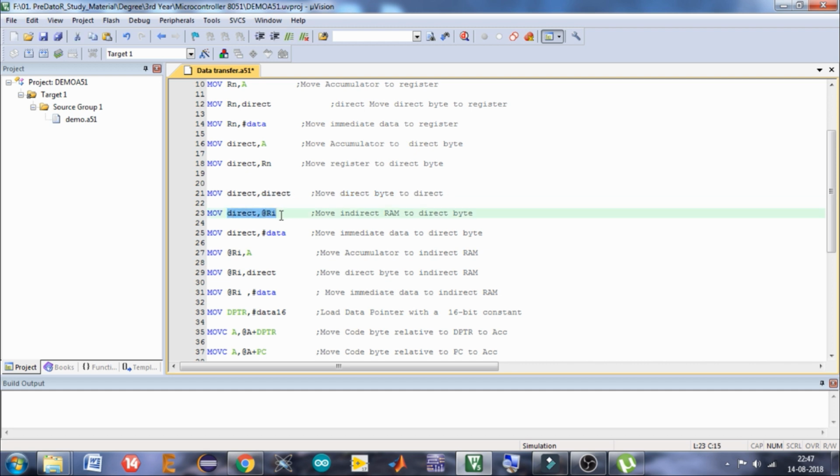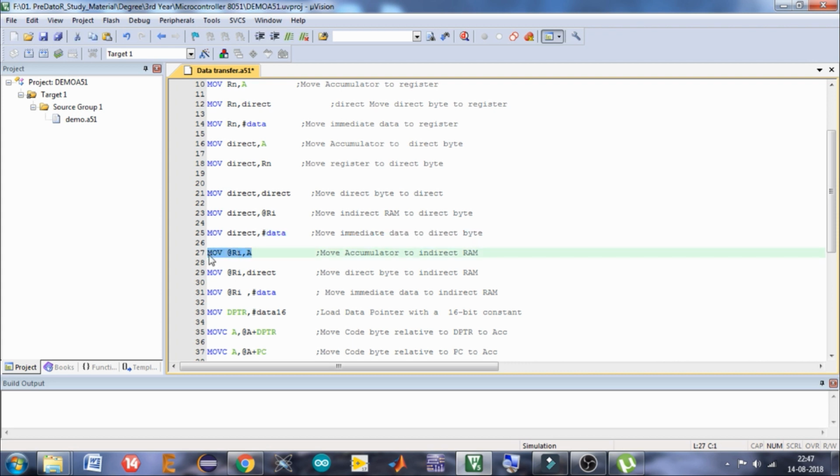In MOV direct, @Ri, in this case again implies the indirect addressing mode. In this case, the data present in Ri represents the memory location from where the data needs to be moved. In this case, Ri can only be R1 and R0, and this data is moved into direct memory location. Now in MOV direct, #data, the immediate data is taken and it is moved directly into the address or the location.